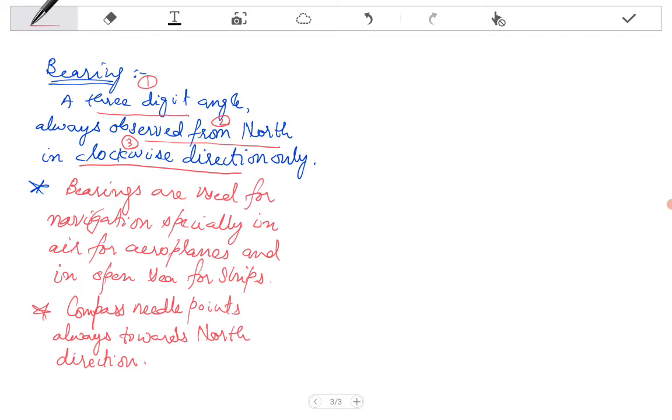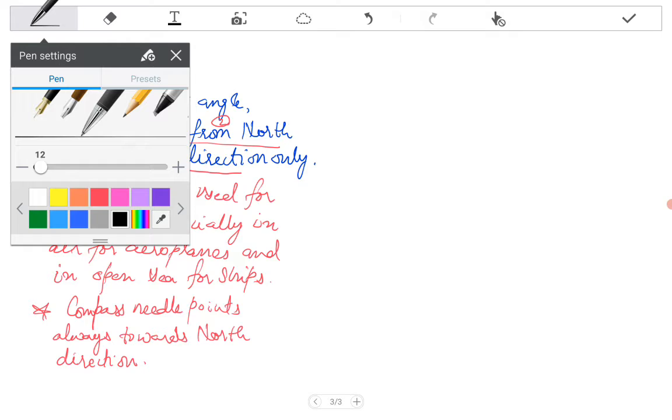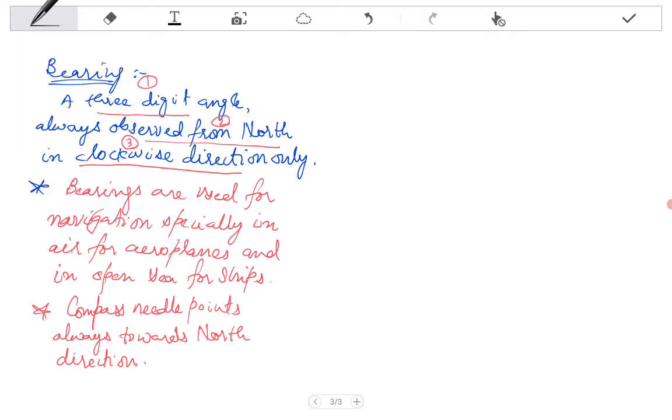With the help of that north direction we can observe angles, and that can be communicated to anyone. So it's easier to understand if we talk about directions or angles from north only.